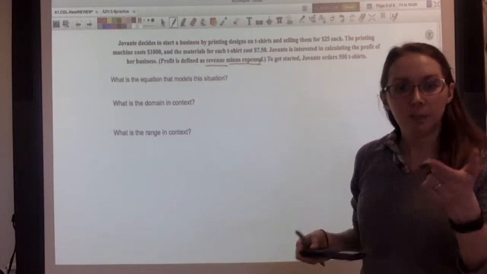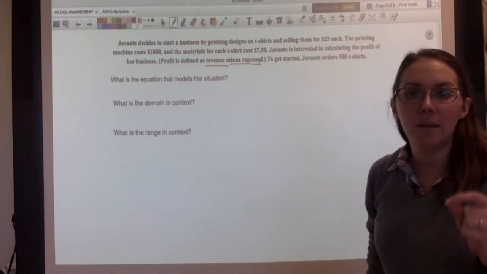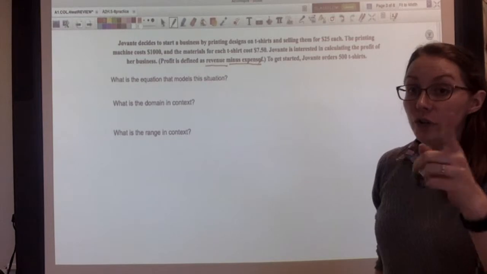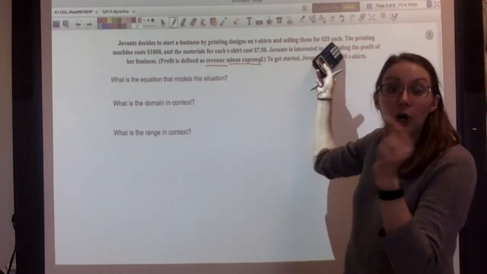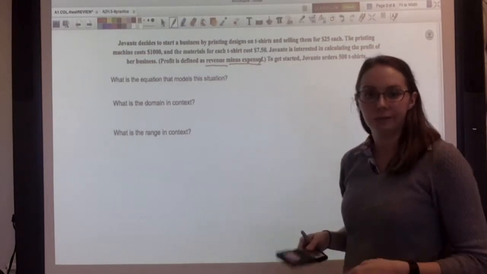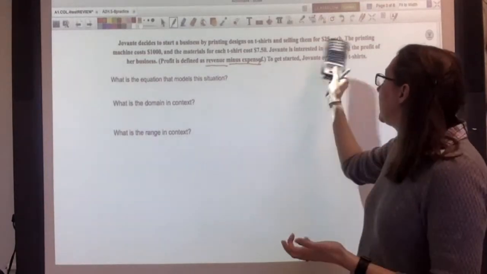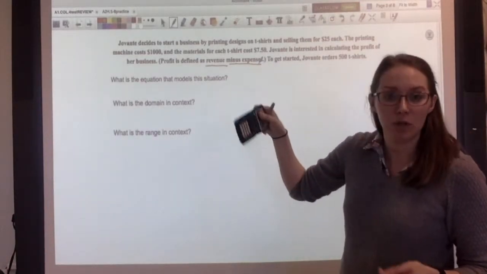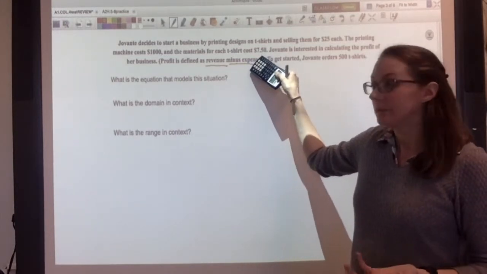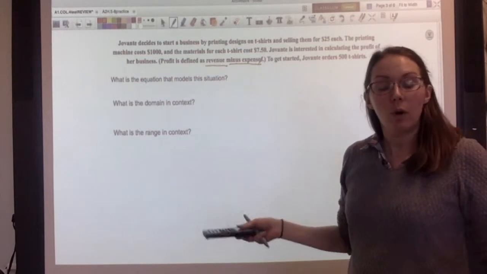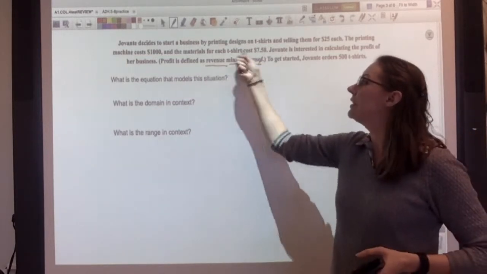So, in this problem, the trickiest part is determining the slope, okay? You might be saying to yourself, it's not tricky. She's getting $25 per shirt. You are right. You might say, Mrs. White, that's not the slope. She has to pay, which would be negative, $750 per shirt. And you're kind of right, too. What we need to do for our slope is keep this in mind.